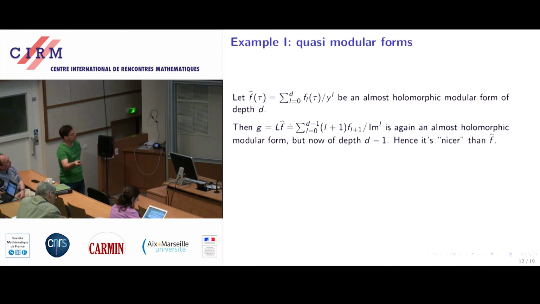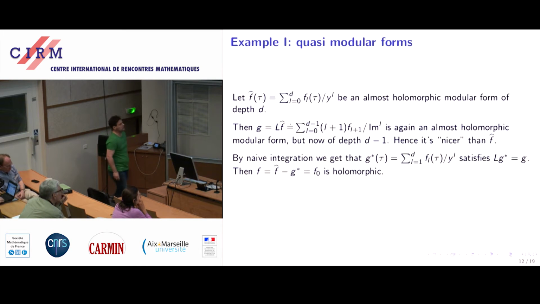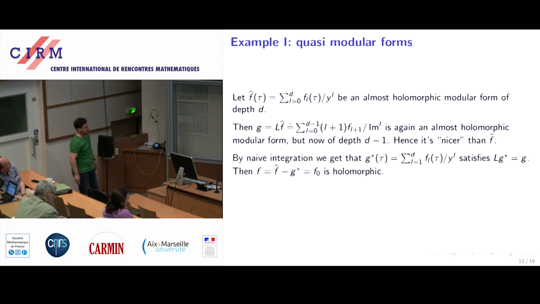So all the information is still there. You can reconstruct it except for f_0. You have no idea what my f_0 was, right? I didn't tell you that. So if you would just do naive integration, you would get the same thing, but you don't know what f_0 is, so you can't include it here. But this is the information that I have, all the other f_l's. In this sense, that would mean naive integration.